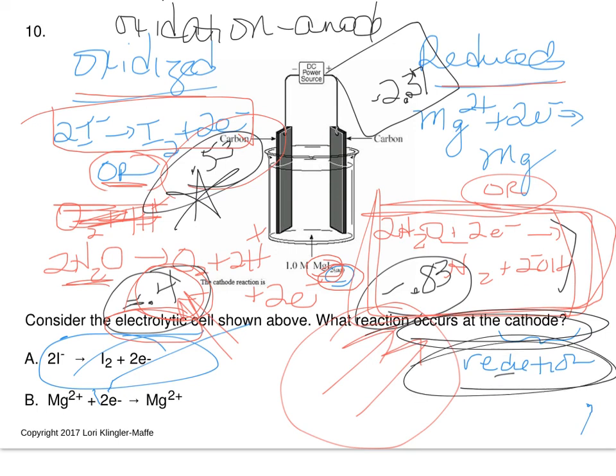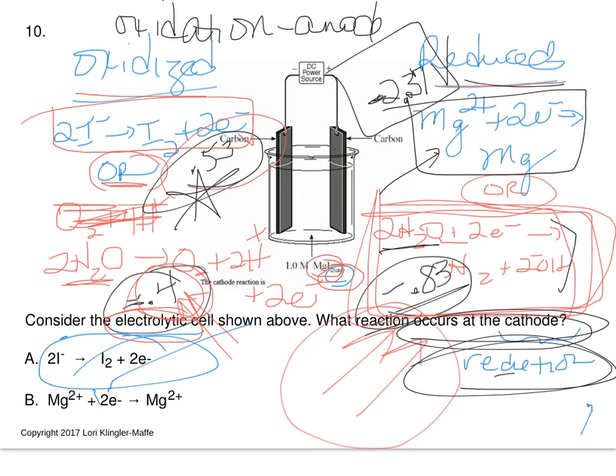And so you do the same thing for reduction. The two possibilities for reduction are the cation, which in this case is magnesium cation, which has a standard potential of minus 2.37 volts, and water's reduction potential is minus 0.83.